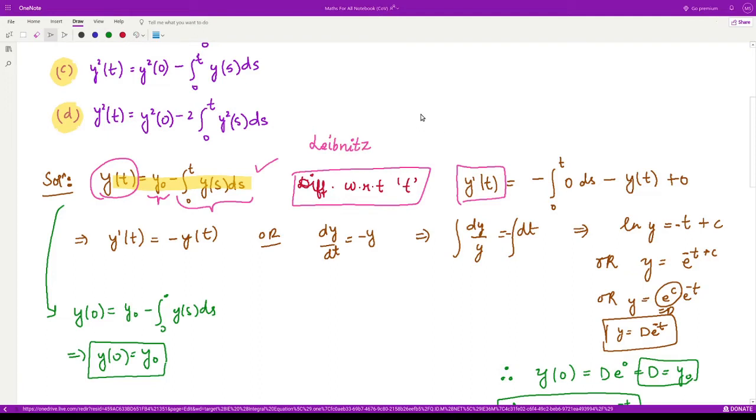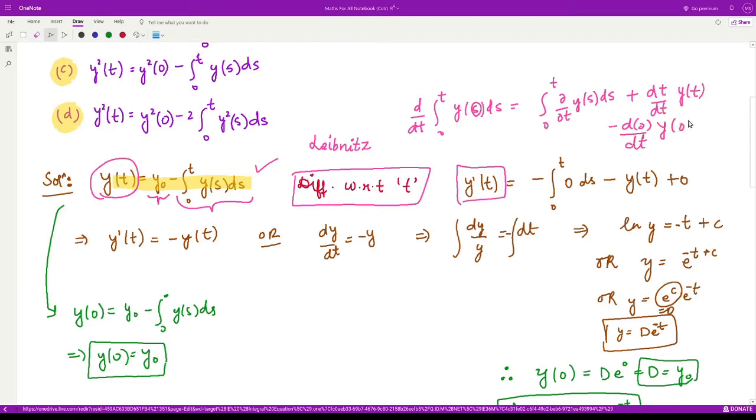If we have to take the derivative of the integral from 0 to t of y(s) ds, then it equals the integral of the partial derivative with respect to t of y(s) ds, plus the derivative of the upper limit t with respect to t times y evaluated at t, minus the derivative of the lower limit 0 with respect to t times y evaluated at 0.